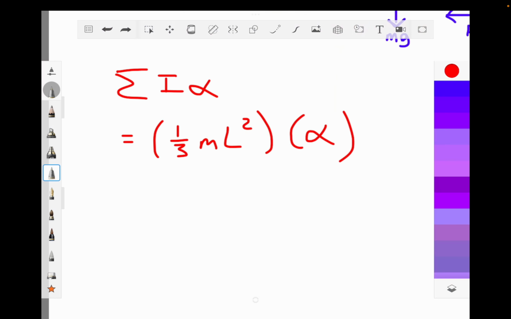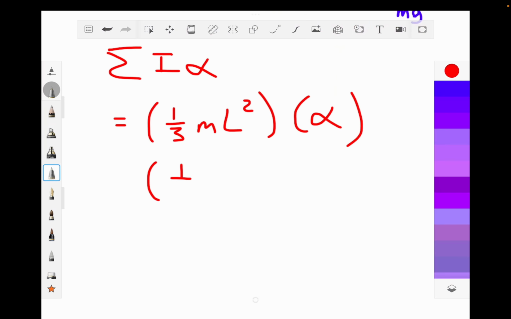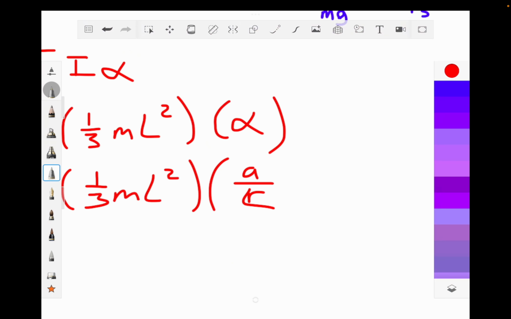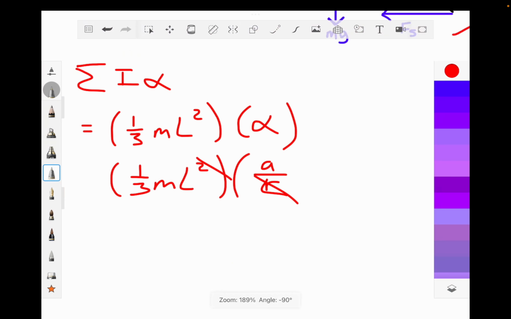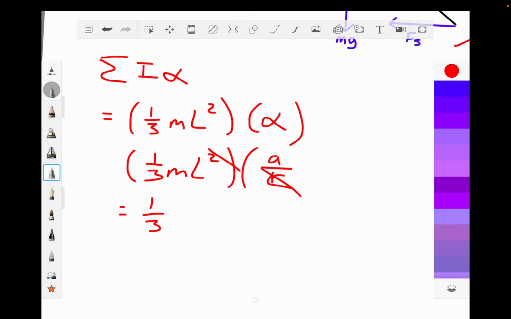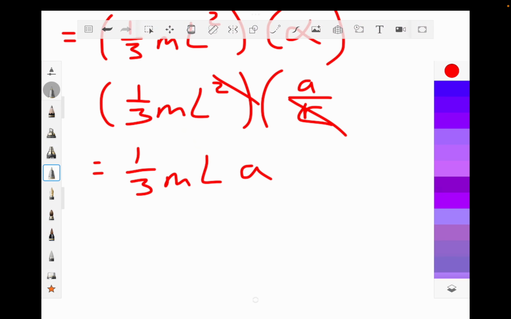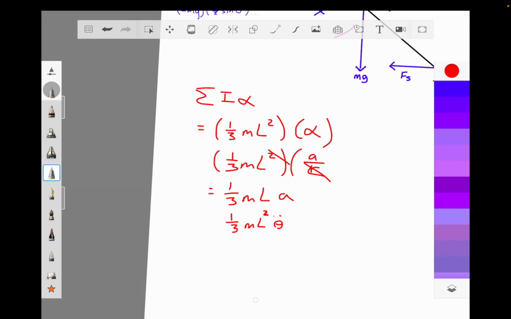And then alpha, if you recall from physics 1, is equal to A over R, which R in this case is just L, so it'd be A over L, and then L cancels, and so it becomes 1/3 ml times A. And that's that. Or you could keep it alpha, so 1/3 ml squared theta double dot. Either way, that's pretty much that.